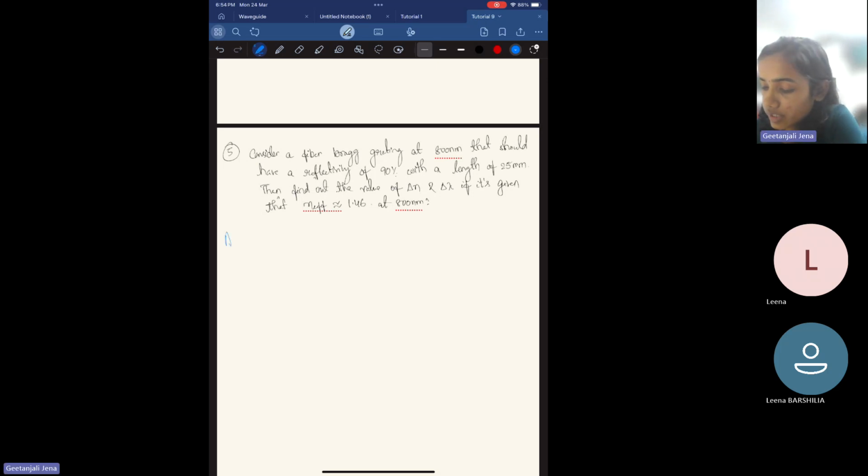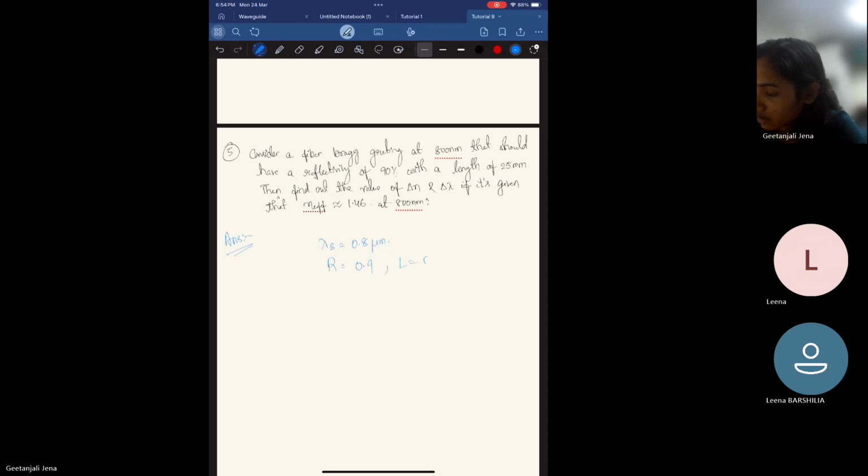So let us see what we have. Lambda b is given, 800 nanometer, which is 0.8 micrometer. Reflectivity is given, which is 0.9. L is given, 25 mm.